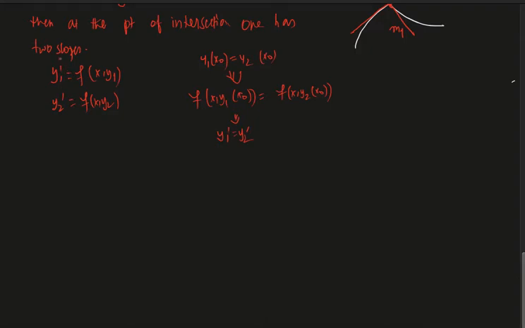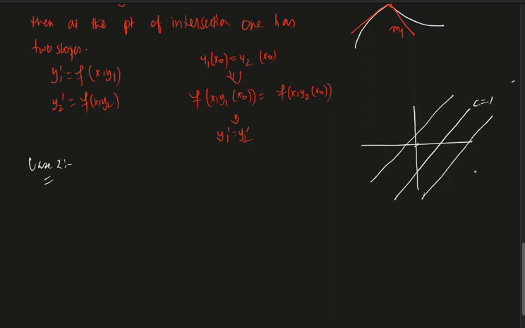Now let's understand what is case 2. Let's look at our case. Let's say this is c equals 1, c equals 2, c equals 0, and c equals minus 1.